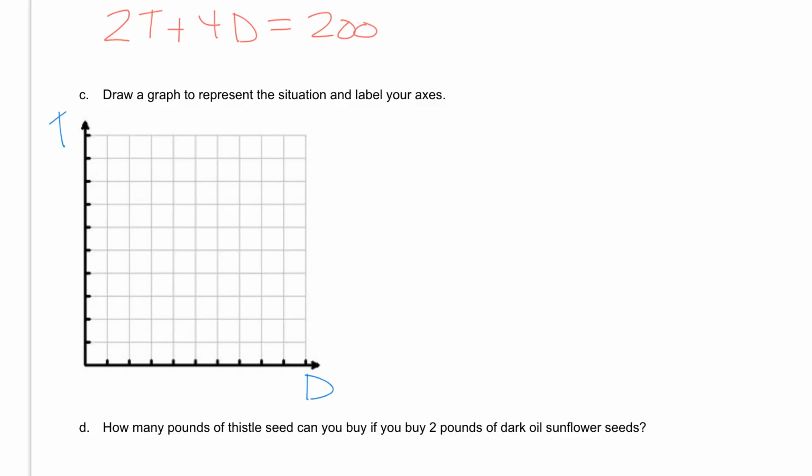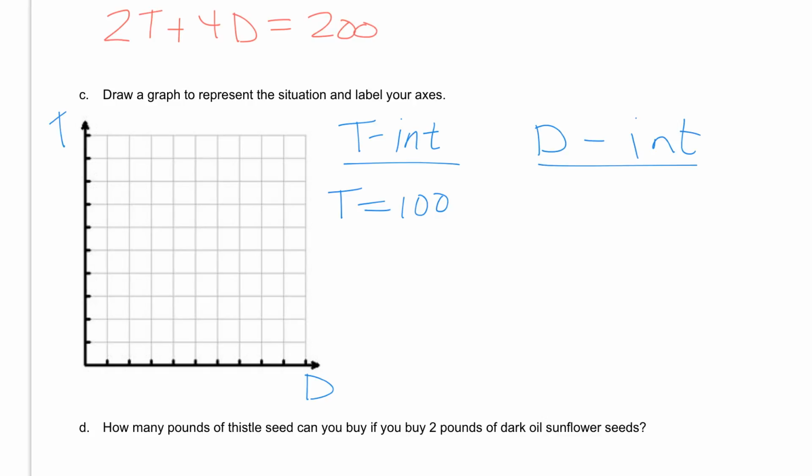When I solved for my t-intercept, again, my t-intercept is when d is equal to 0. So the t-intercept was t is equal to 100. And my d-intercept was d equal to 50.